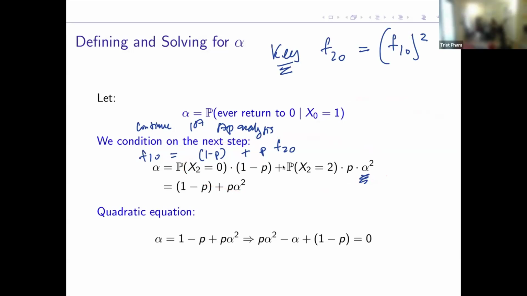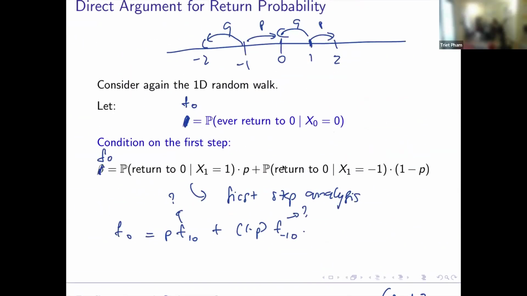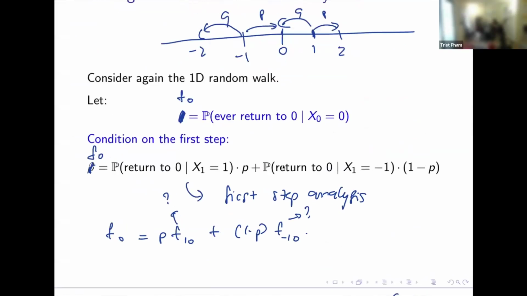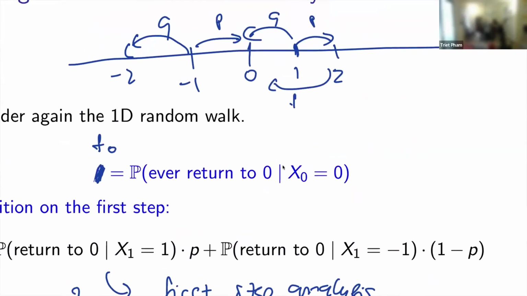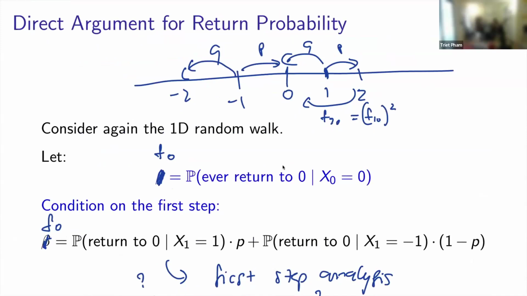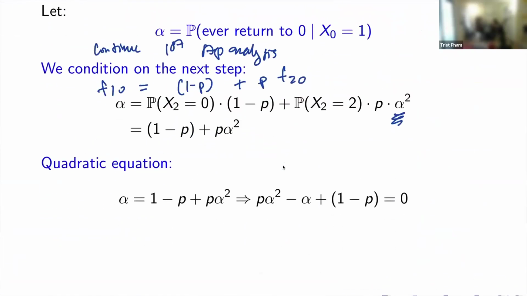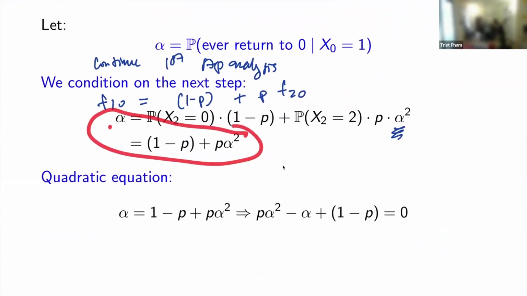But the key here is you analyze from 0 to 1, from 1 to 2, then you recognize that 2 going back to 0 is actually the square of going from 1 to 0. And so it basically gives you a closed system, a closed equation for alpha to solve.